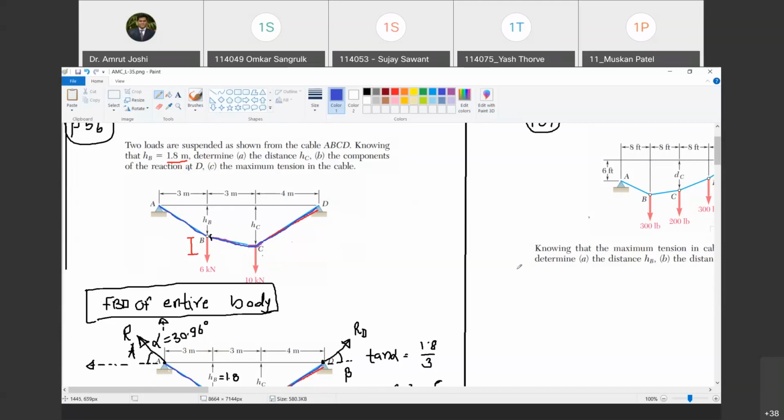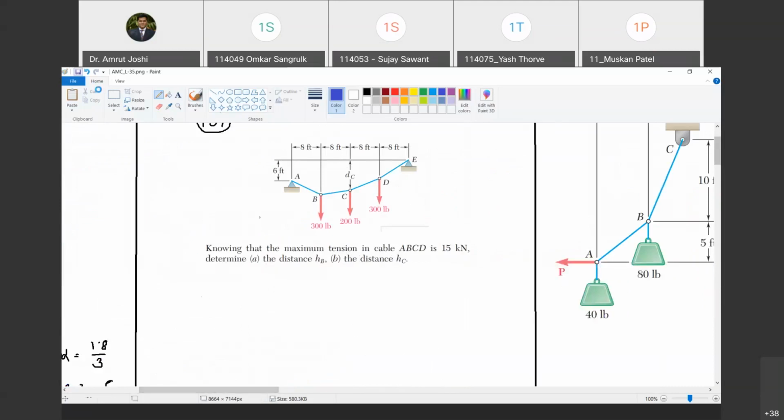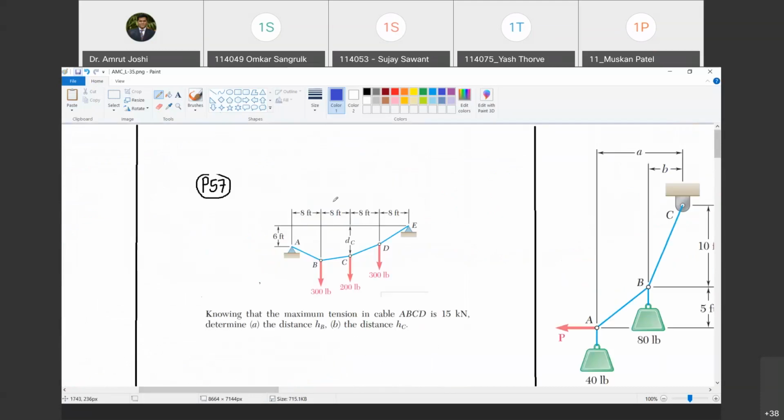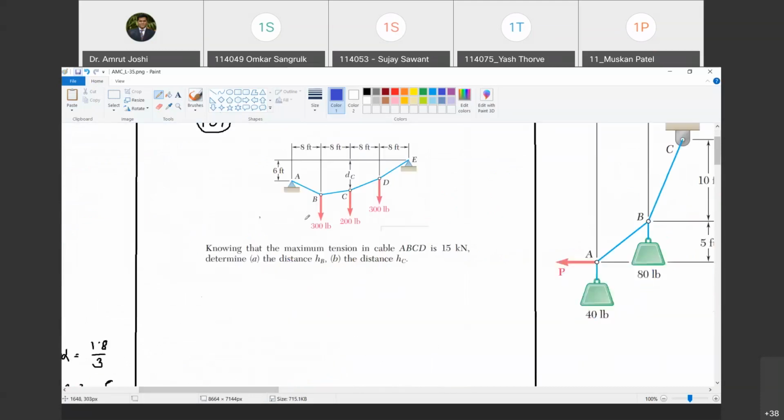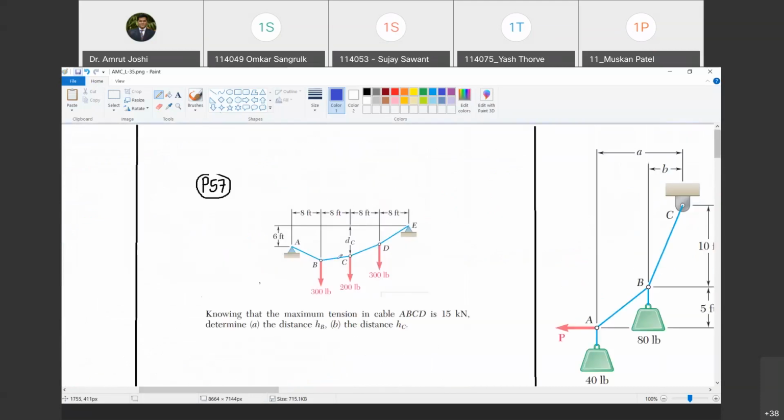Yes, sir. And now let us look at the second problem where you have supports at different elevations. Are you with me? Yes, sir. Muskan, can you read the problem statement for me? The maximum tension in the cable ABCD is 15 kilonewton.